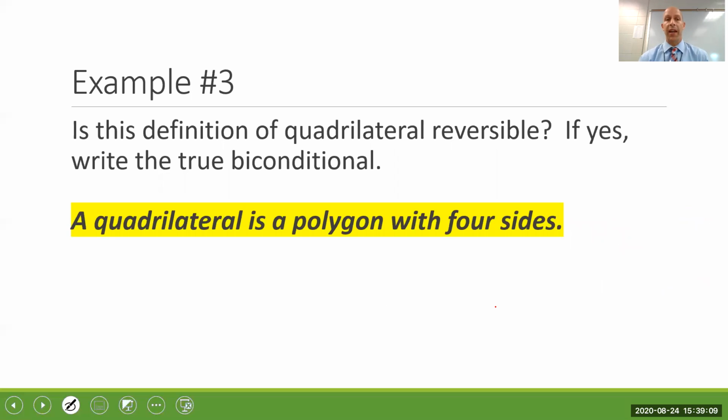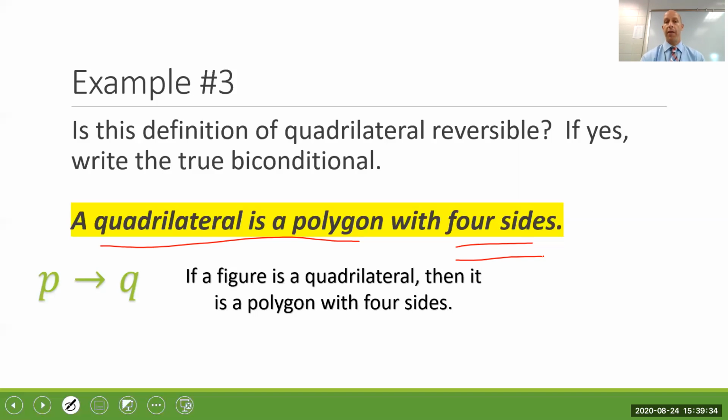Example 3: is this definition of a quadrilateral reversible? If yes, let's write the true biconditional. It says a quadrilateral is a polygon with 4 sides. Well, we could write a conditional. Again, we could break this into 2 parts: this is the hypothesis and this is the conclusion.